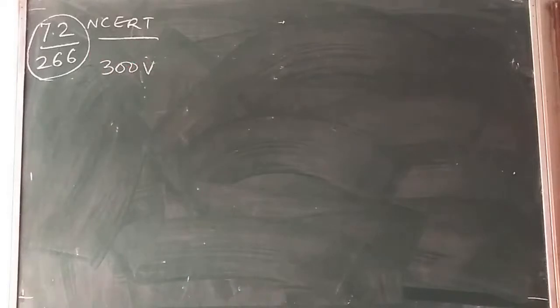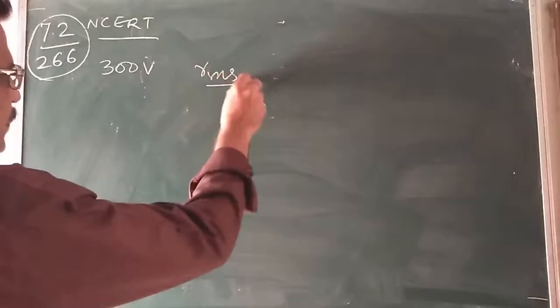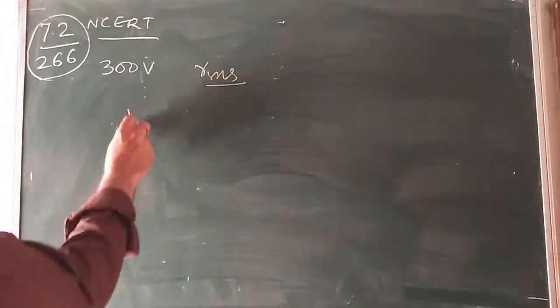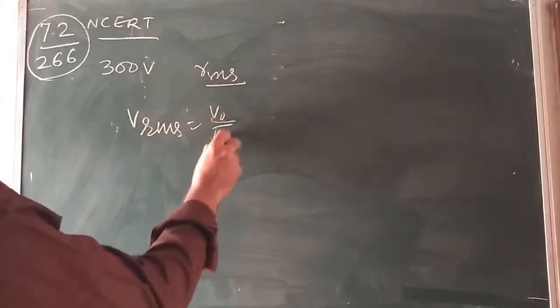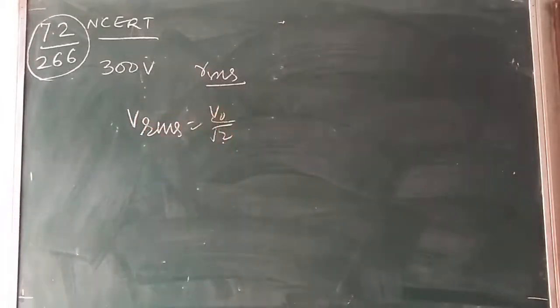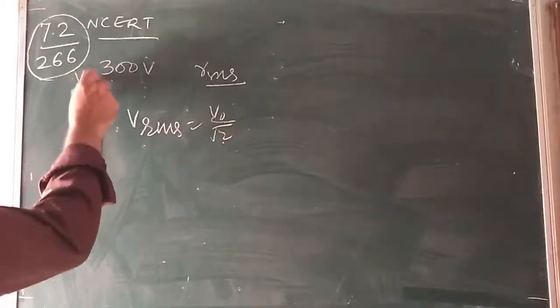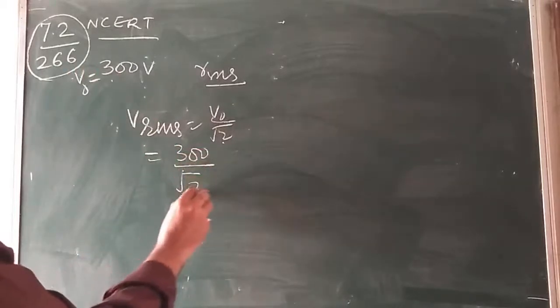What is the RMS voltage? I have to find out the RMS voltage here. So dear children, I know the formula. V of RMS is equal to V naught by root 2, or E of RMS is equal to E naught by root 2. This value here is V naught.